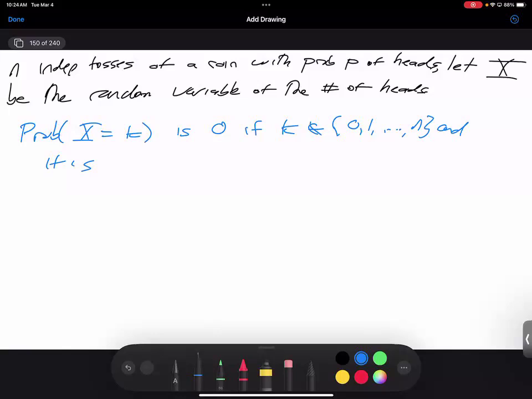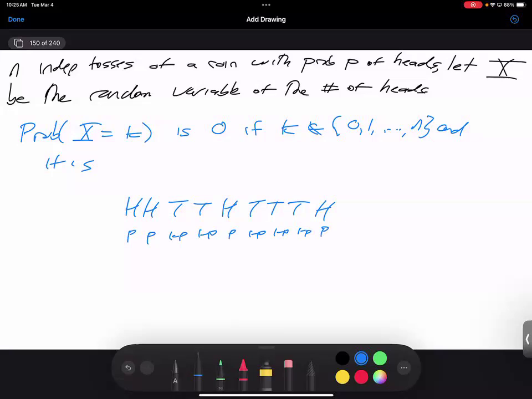Because the tosses are independent, and they're all from an identical coin, I just need to count, in n tosses, what's the probability I have a string with exactly K heads? If I give you a specific string, let's say H, tail, H, tail, H, tail, H, this would be probability P, 1 minus P, 1 minus P, P, 1 minus P, 1 minus P, 1 minus P, P. The probability of a specific string is just the product of those probabilities.